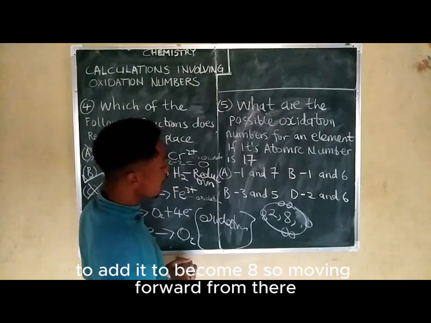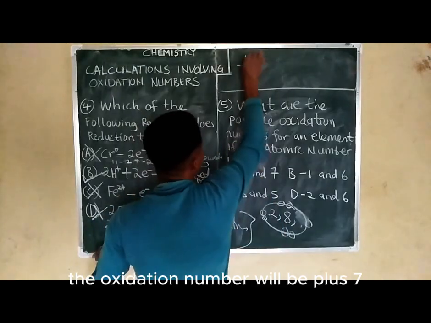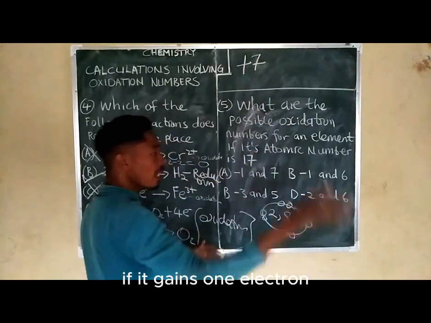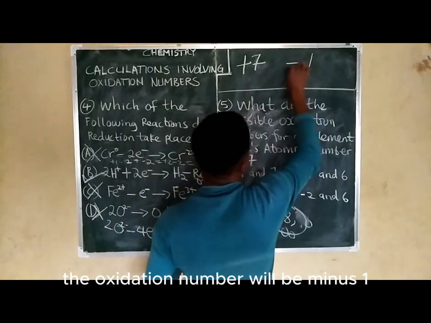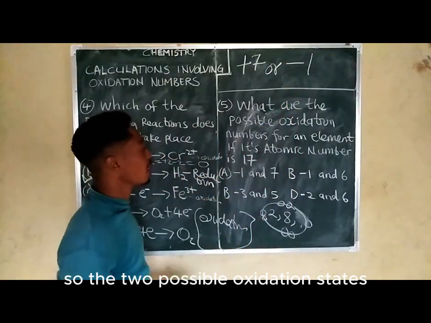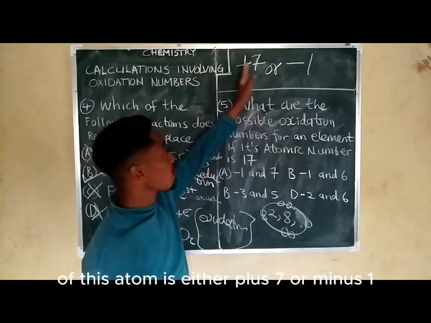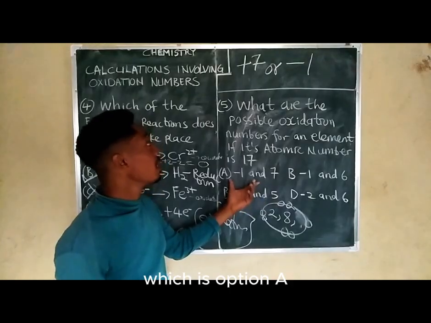So if it loses 7 electrons, the oxidation number will be plus 7. If it gains 1 electron, the oxidation number will be minus 1. So the two possible oxidation states of this atom are either plus 7 or minus 1, which is option A.